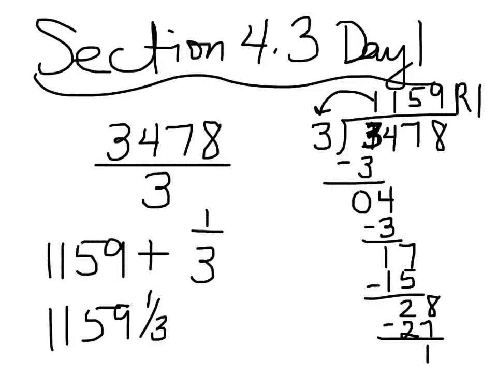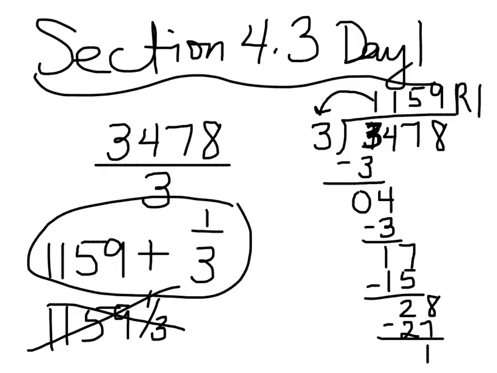Have you made a number into a mixed number before? Absolutely. The remainder was with the top number, yeah? Not too long ago, you told us specifically to never do mixed fractions again. I know. And that's why when I had the 1,159 and 1/3, I'm not even going to write it like this. I'm going to write my answers more like that.